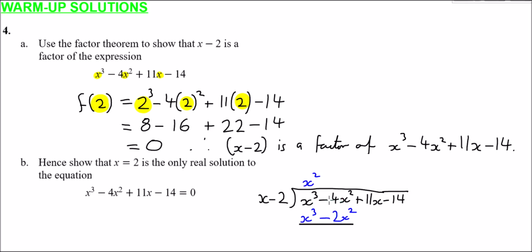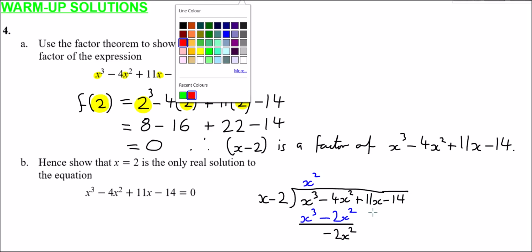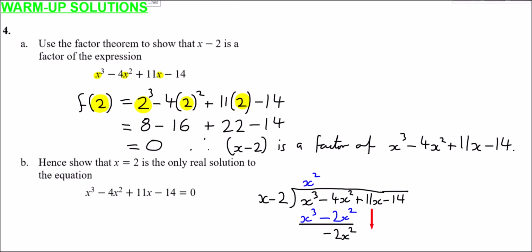Next here though, we've got minus 4x squared minus 2x squared, which means minus 4x squared plus 2x squared, which leaves us with overall minus 2x squared. And before we forget, if there's something above to bring down, we bring it down. So it's plus 11x we bring down to our current line, and then we go again.